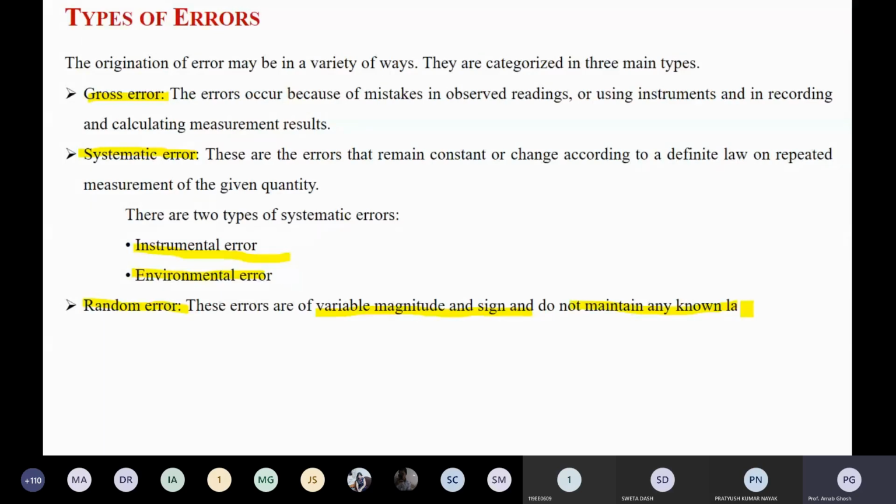If you consider A minus AM, that residue is the negative error, and that should be maintained throughout the calculation. If you interchange the convention in different steps of the calculation, you will get erroneous results, and that may cause random error. So the three errors are gross error, systematic error, and random error.